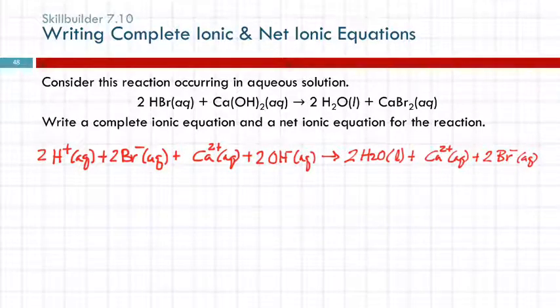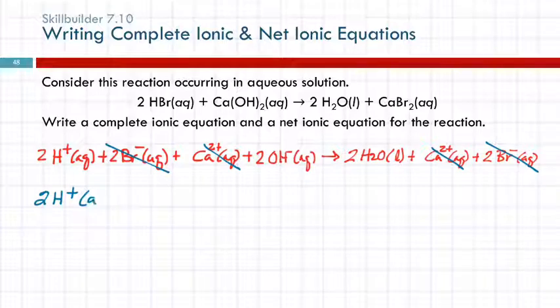Nothing happened to the 2 bromide ions. They're just watching. Those are spectators. So for the net ionic equation, just cross those off. What about calcium ion? Nothing happened to calcium. He's a spectator. What about hydroxide? Do I see hydroxide over here? No. So I crossed off the things that are the same on both sides, and then I'm just going to copy down what's left.